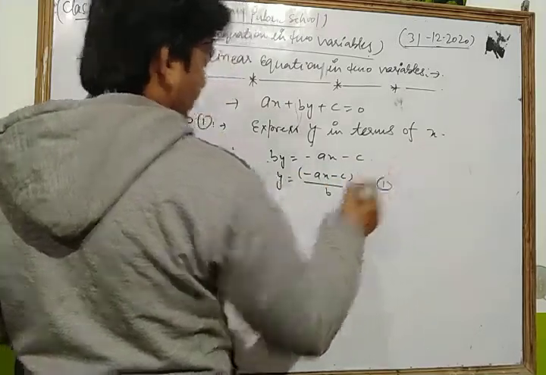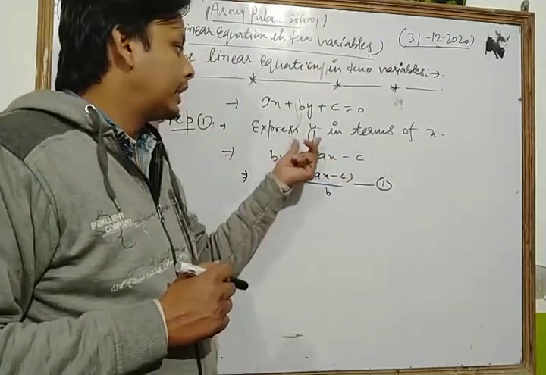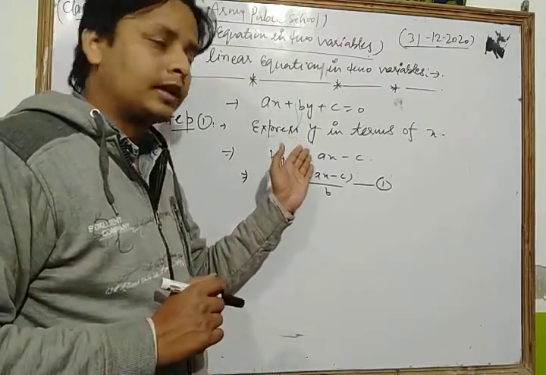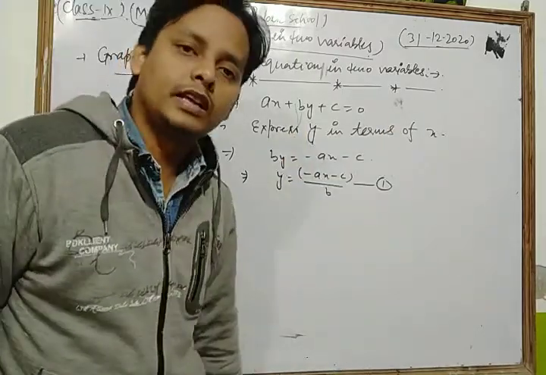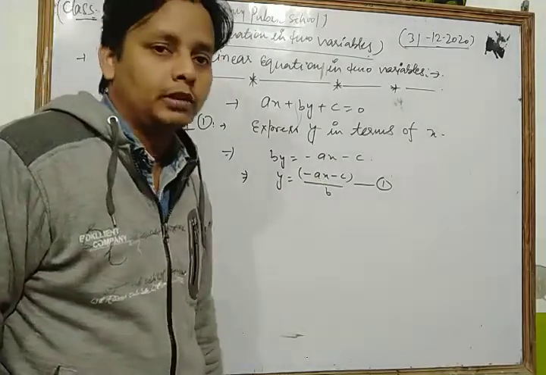We call this equation number 1. So in the first step we express y in terms of x, that is y is equal to minus ax minus c upon b.